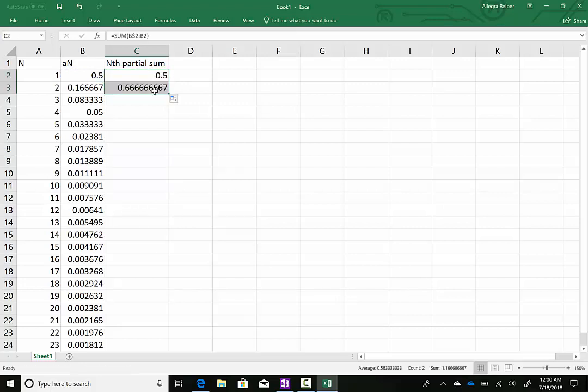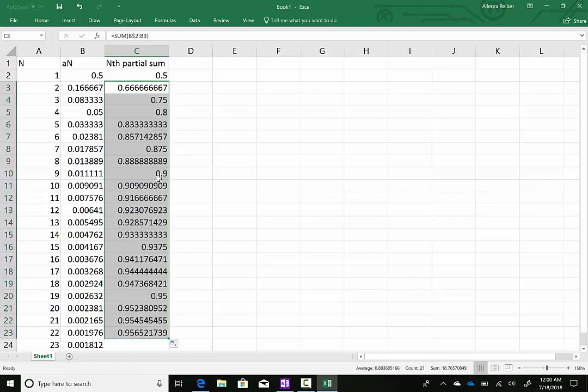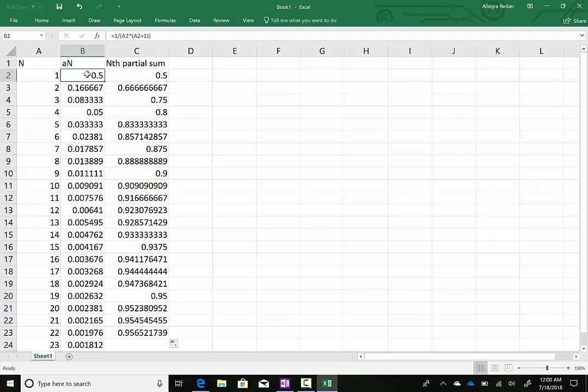But now if I drag to the next one, you'll notice from the notation that it's going from B2 to B3, so it's summing both of these. If I drag this formula further, like at term 9, this is summing the terms from B2, which is the first one here, all the way down to B9. So it's the sum of the first 9 terms, etc.